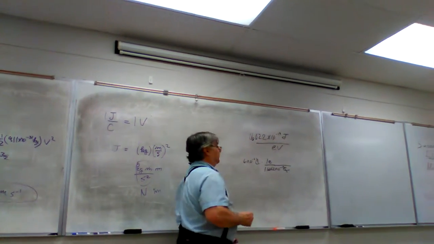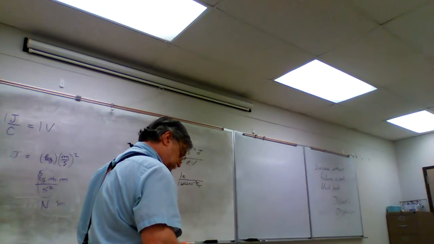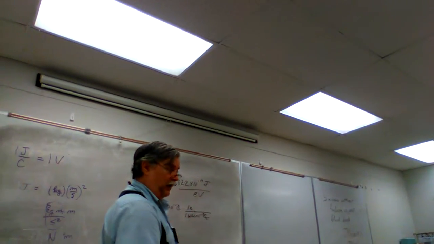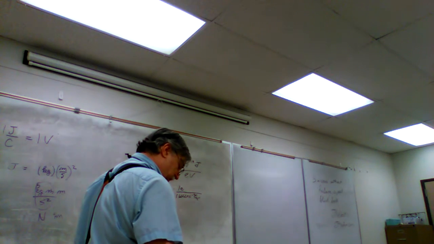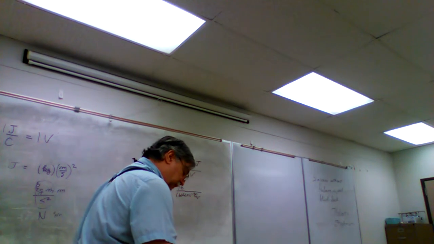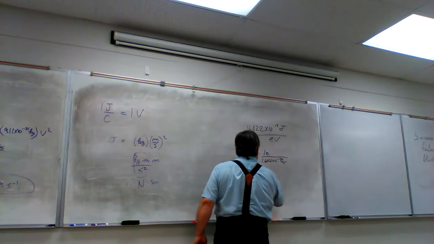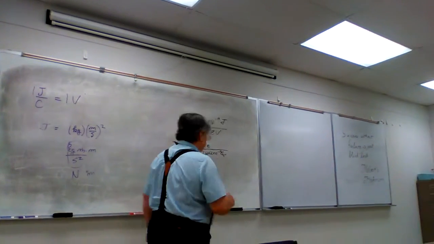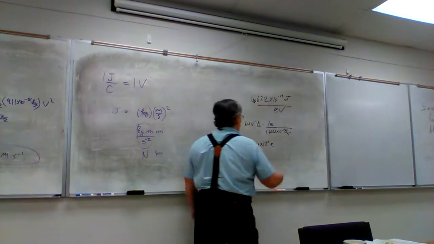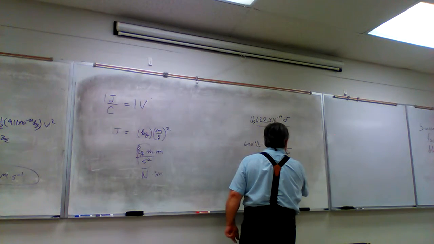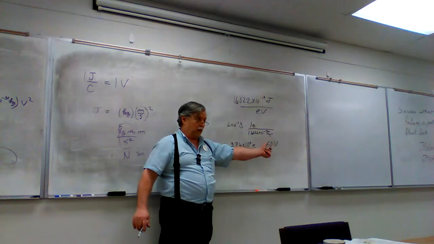So, if you divide 6 times 10 to the minus 6 coulombs worth of charge on a single particle by 1.6022 times 10 to the minus 19, you end up with 3.74 times 10 to the 13 electrons, and that you then multiply by however many volts to find the total energy that that particle would acquire.